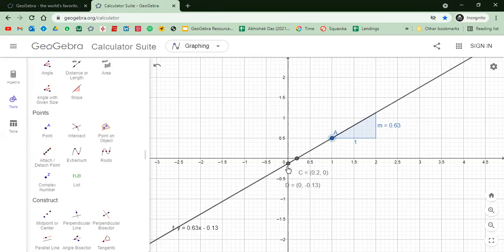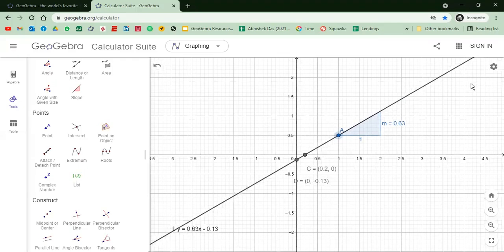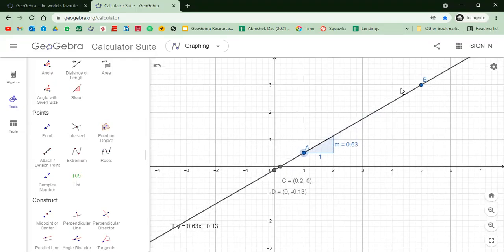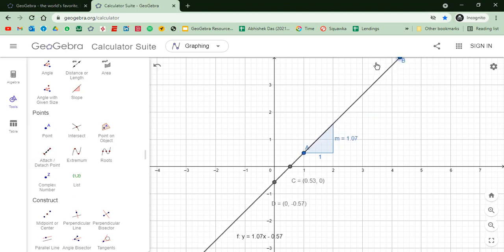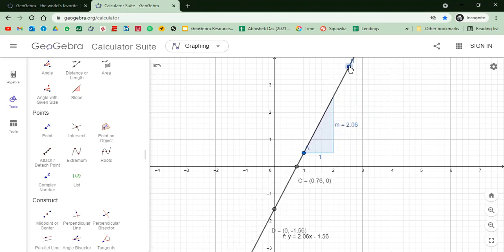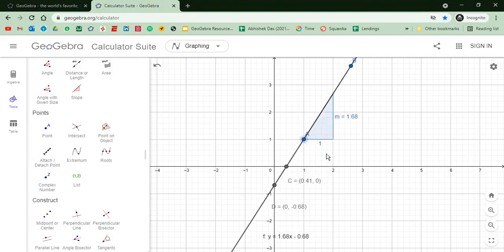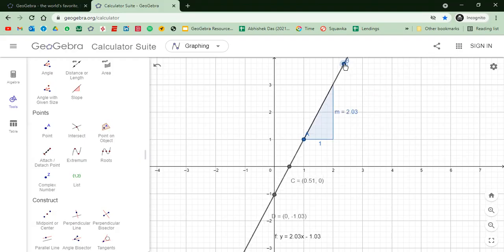All right. Now what happens if we change the slope? We bring it to a slope of 2. Let's see what happens. All right. So this is somewhat close to 2.